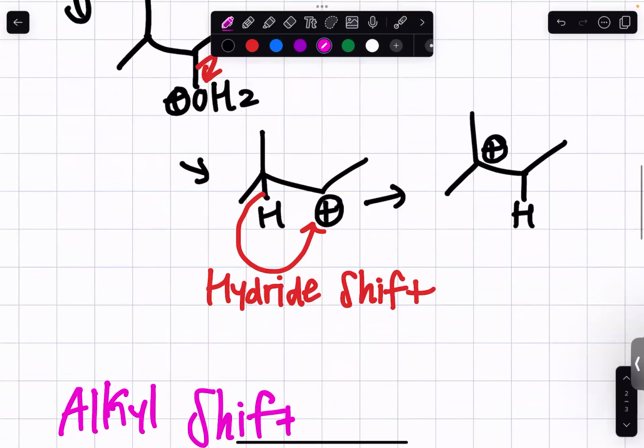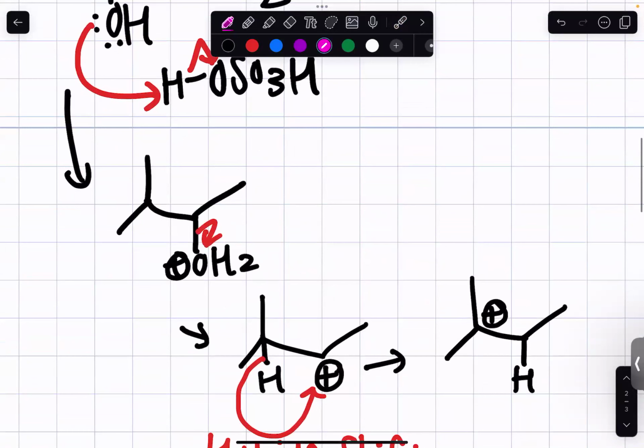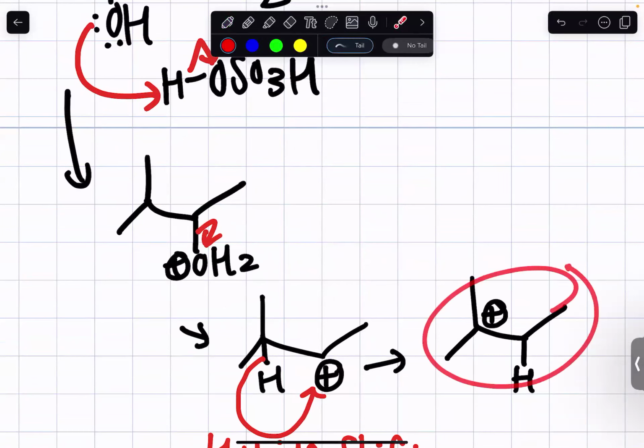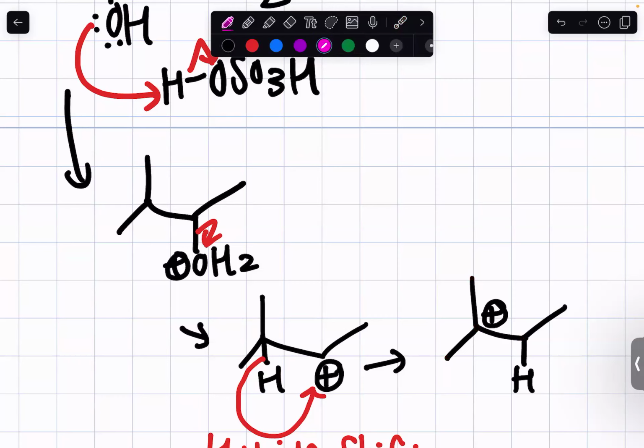Now, once we have this most stable carbocation intermediate, we have to look at the beta hydrogens. The beta hydrogens are going to be one carbon away from the carbocation. So this is one beta hydrogen, that's the other beta hydrogen, and this is the other beta hydrogen.